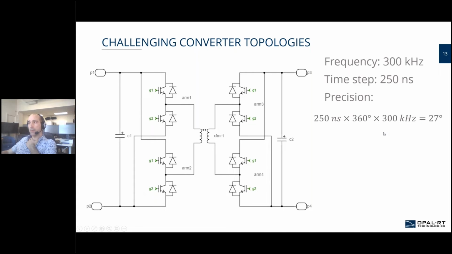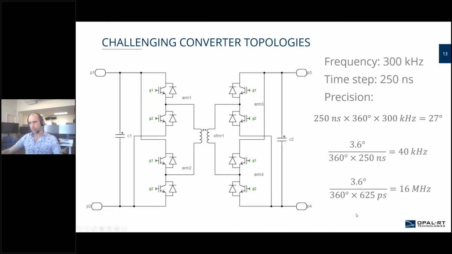Now, if we do some interpolation and want to have around 1% precision, or 3 degrees, then we would have something around 40 kilohertz, which is quite low for 250 nanoseconds. This is why interpolation can become interesting.